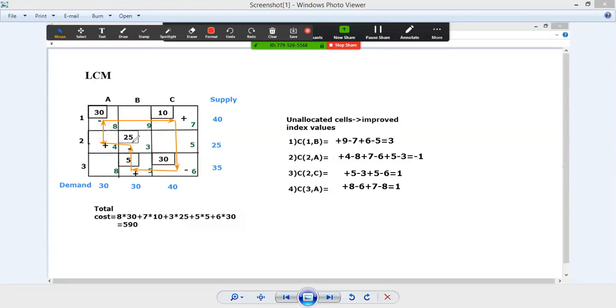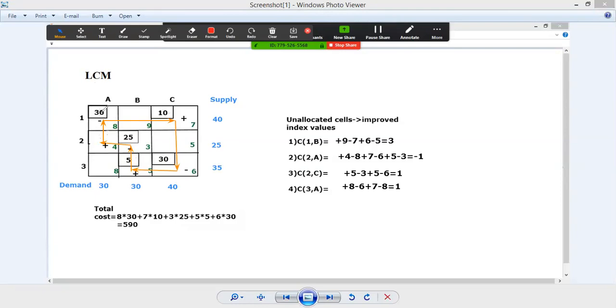Now if you observe this particular loop, observe the negative corners of this loop. One negative corner is present in the first cell of the first row, the second negative corner is present in the second cell of the second row, and the third negative corner is present in the third cell of the third row.